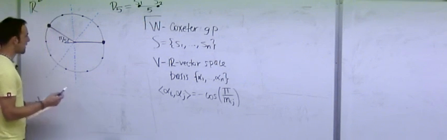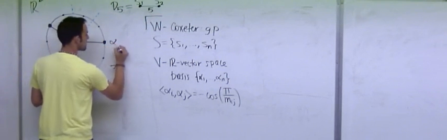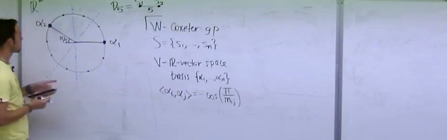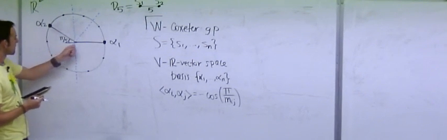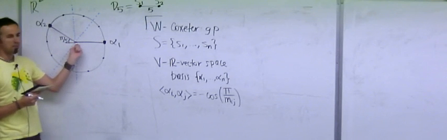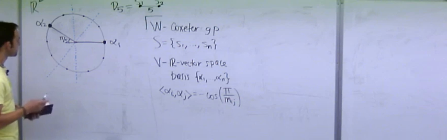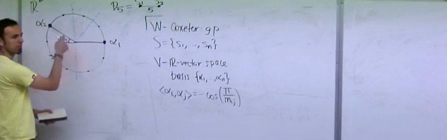Okay? And now I want to choose alpha 1 to be this vector and alpha 2 to be this vector. Okay, where the angle between them is pi minus pi fifths. Okay, so 4 pi fifths. And these are unit vectors.